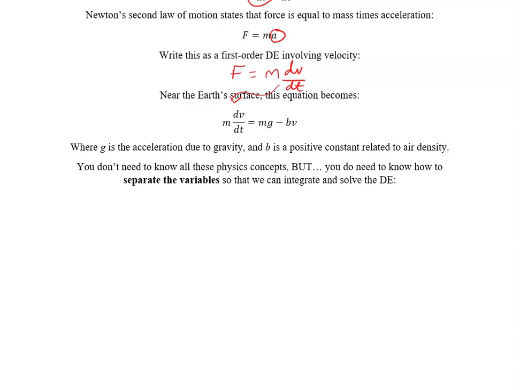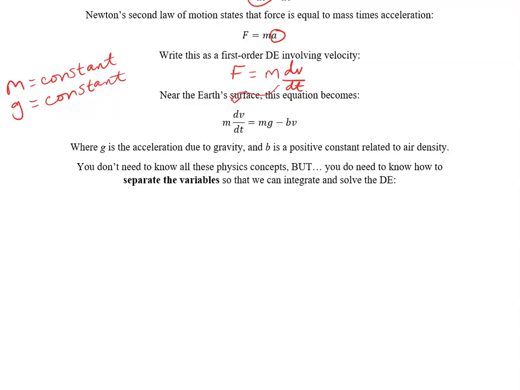Before I dive in, I want to remind you here that m is some constant mass, whatever the mass of the object is. g is also a constant, that acceleration due to gravity. I think, and I'm not a physics person, but I think it's 9.8 meters per second squared. You don't have to know that.